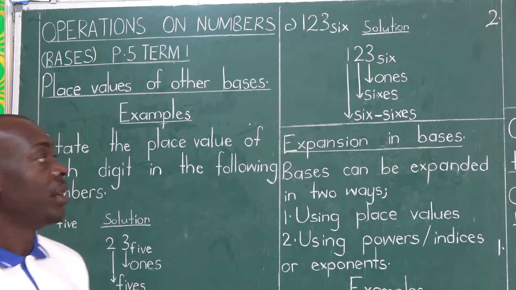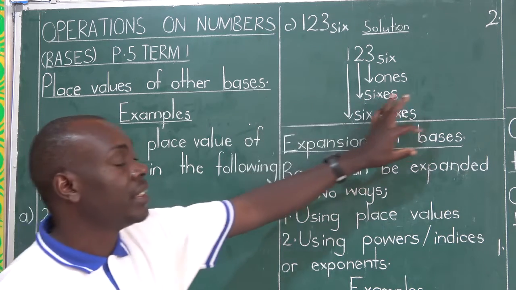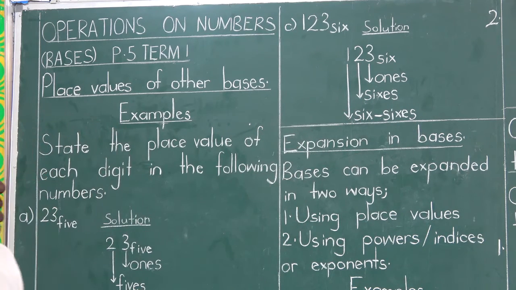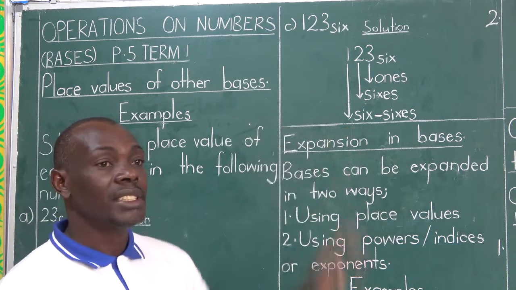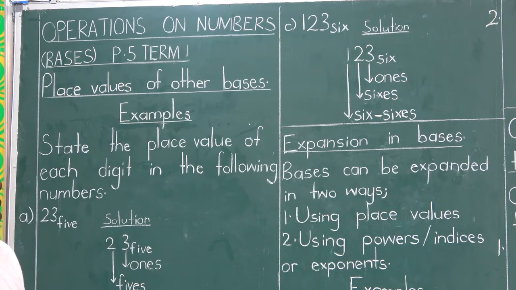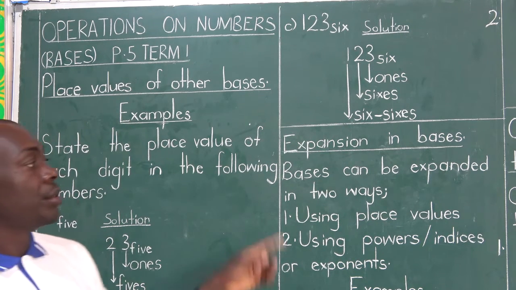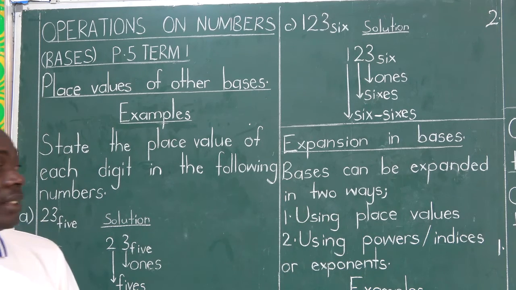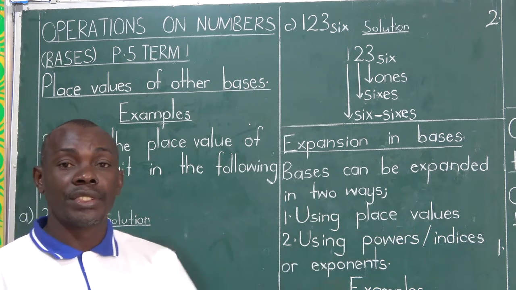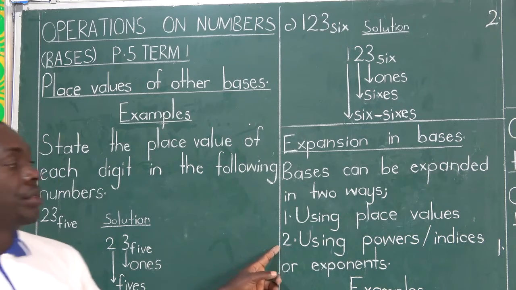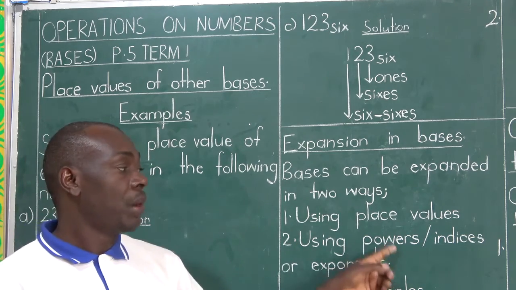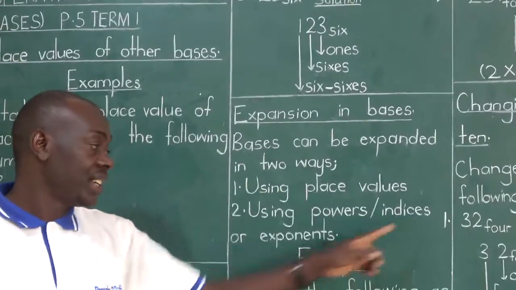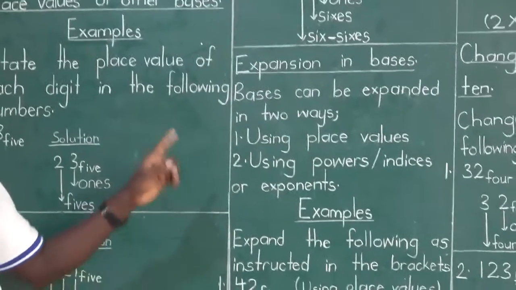Then now we are going to look at expansion in different bases. Now you will note that bases can be expanded in two ways. One, using place values. Then two, using powers, which are also known as indices, or exponents.